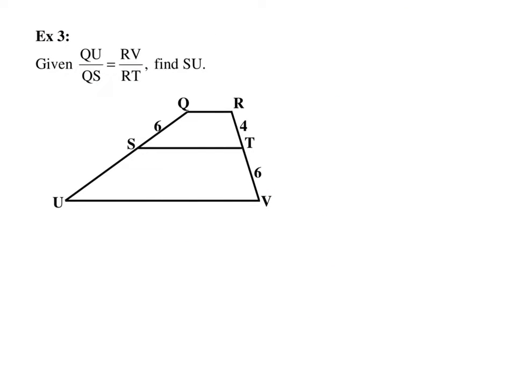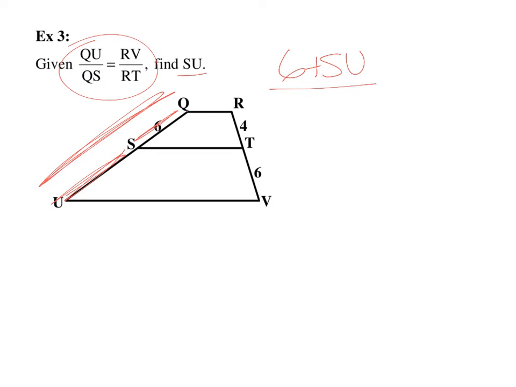All right, starting example 3. QU over QS is equal to RV over RT. In this proportion, I don't have SU, so we have to create an expression with SU in it somehow. QU is this whole thing, so I can say that QU is equal to 6 plus SU, over QS, which is 6, and then RV is 10 over RT, which is 4.